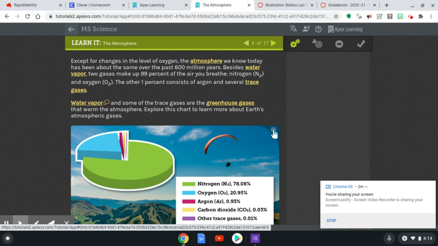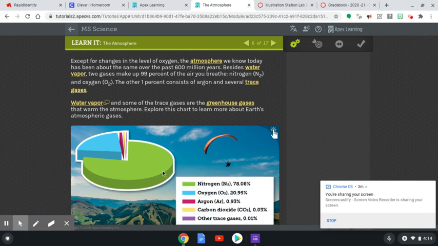Next, we talk about the gases in the atmosphere. This is where you did your pie chart, and on your pie chart you did include water vapor, as well as argon, carbon dioxide, and other trace gases.